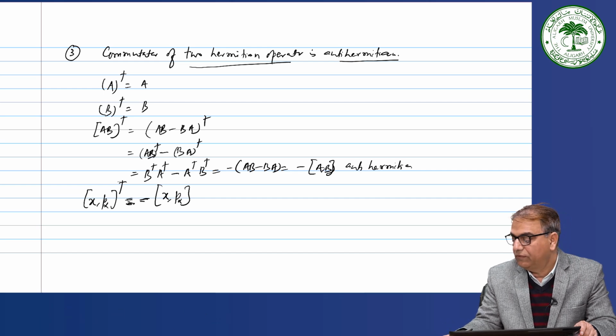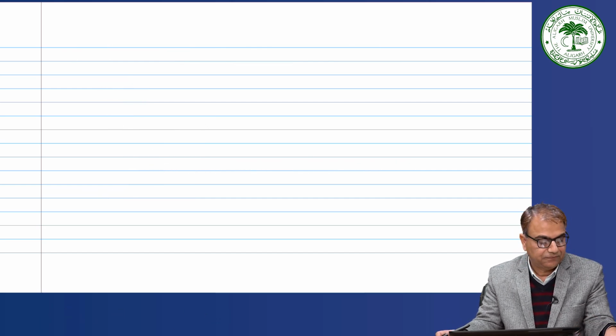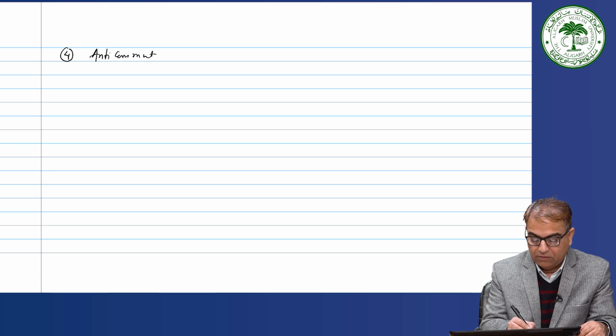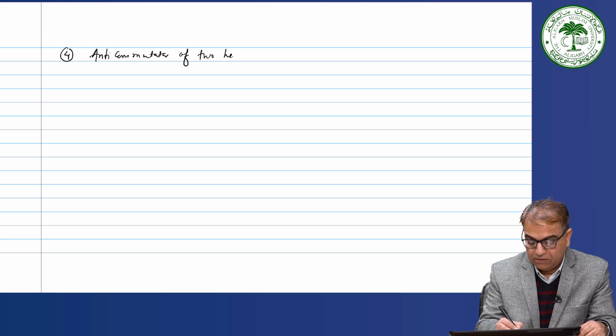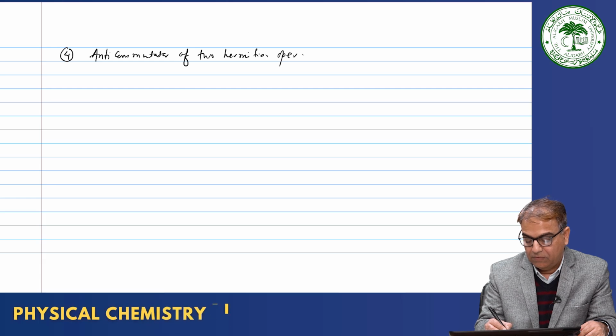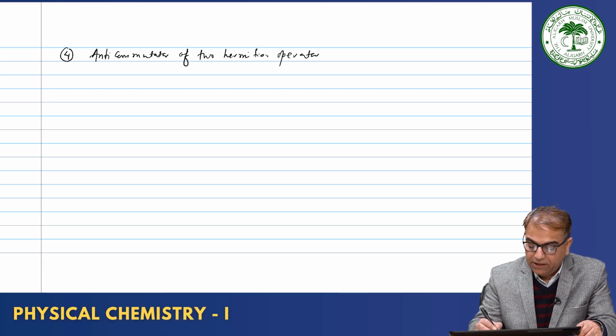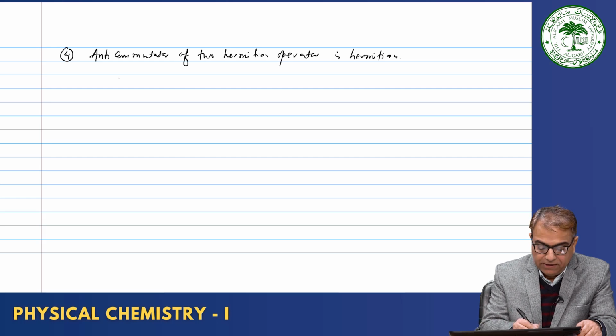Next property, the fourth one, is that the anti-commutator of two Hermitian operators is Hermitian. What does that mean?